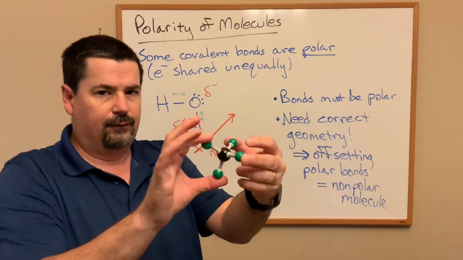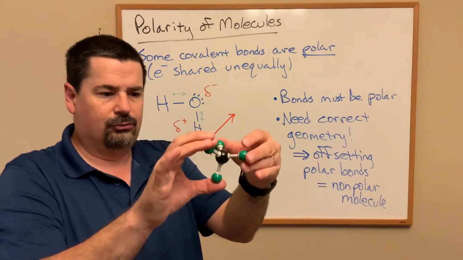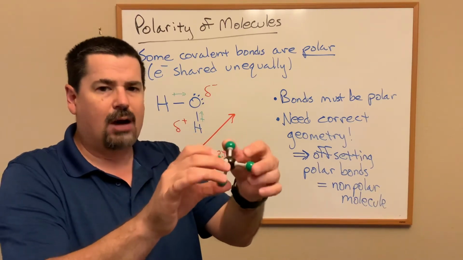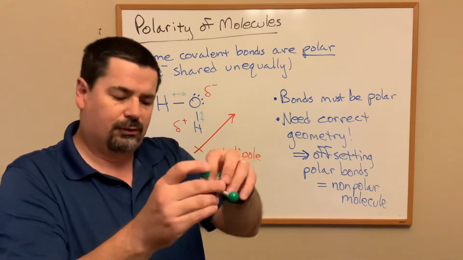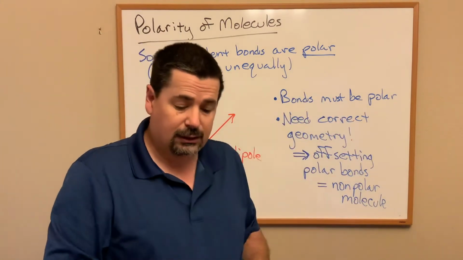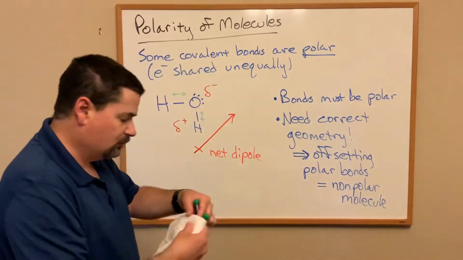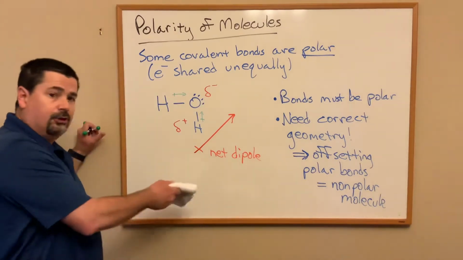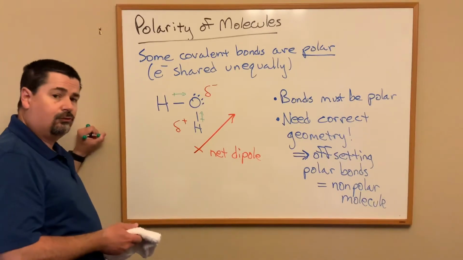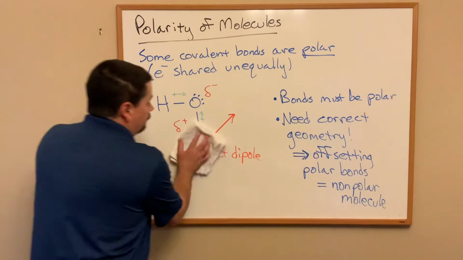Well, that net pulling is going to offset. It's going to be equal and opposite. And the result is that it cancels out. So let's take a look at some examples of those. I want you guys to pause and write this down if you want. Okay?